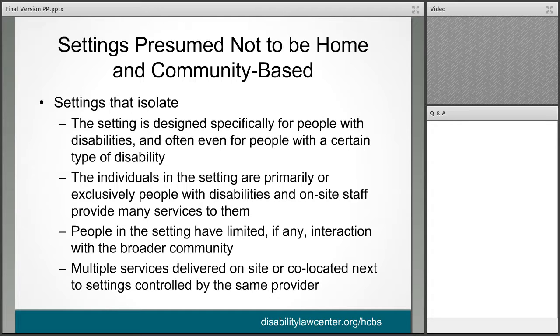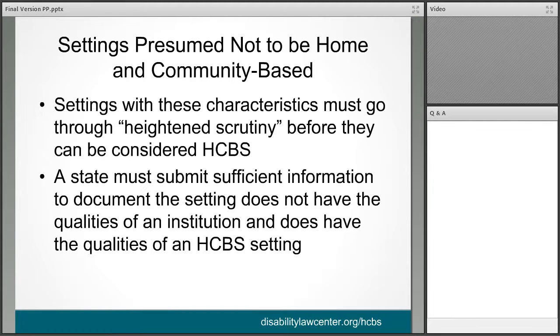And then finally, the last factor is that multiple services are delivered on-site or co-located next to settings that are controlled by the same provider. And so this would be an example where you see either a day program or a sheltered workshop that is very closely located to a residential setting.